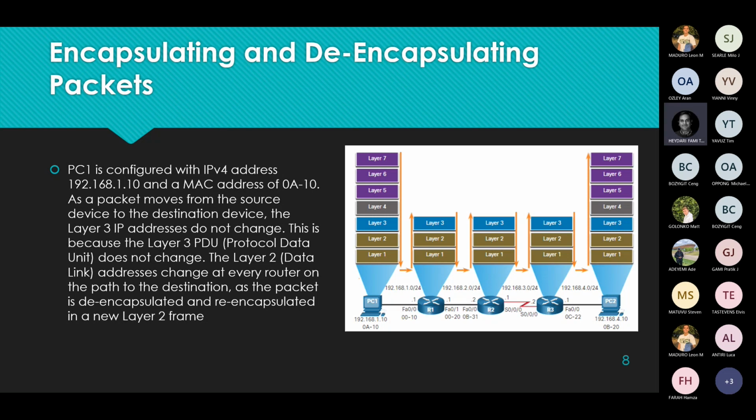So Ethernet, for instance, is the data link layer protocol that we see most commonly. However, pay attention to the link type between R2 and R3.